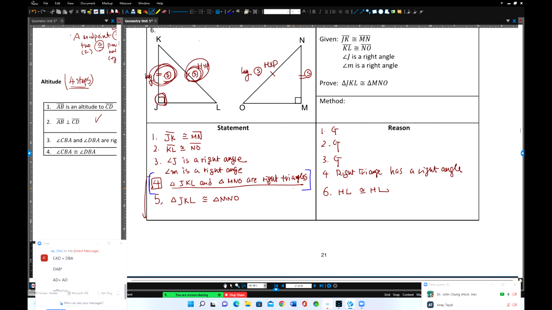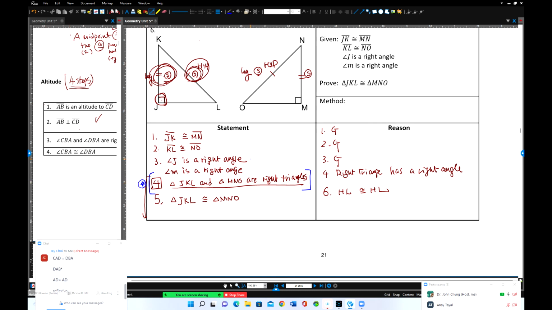Because they assume that these two triangles are right triangles, you can apply hypotenuse leg directly. But I like this one because hypotenuse leg is only working on right triangles. Is it okay? But when you go to your school, check out.